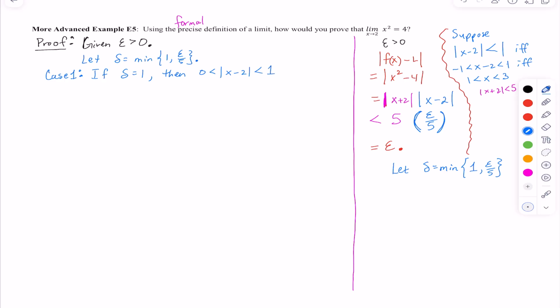Now, not only is it less than 1, it's also true that 1 is less than or equal to epsilon over 5.